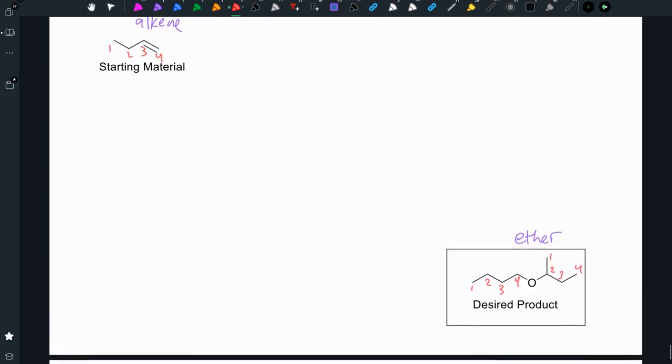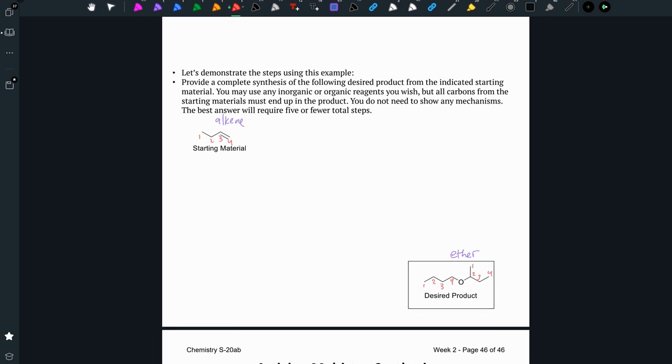So it seems like I can take the starting material, and it could be either the 4 carbons on the left, or the 4 carbons on the right. I could also number these in the product as 5, 6, 7, 8 on the right. But I'm not sure to begin with which ones are going to be which. So if I wanted to, I could say 5, 6, 7, 8, or I could say 1, 2, 3, 4.